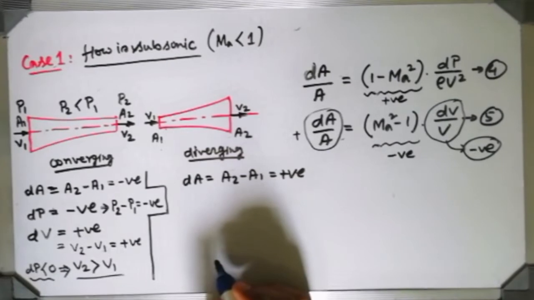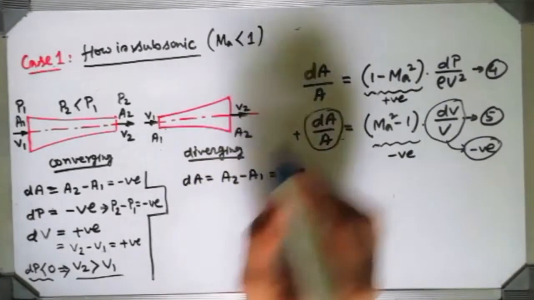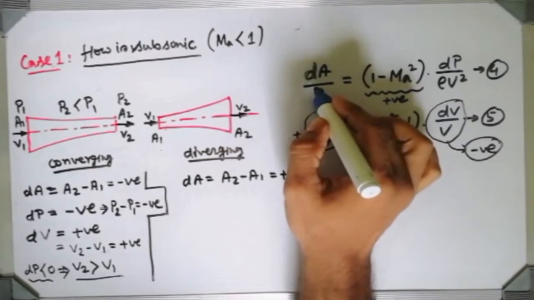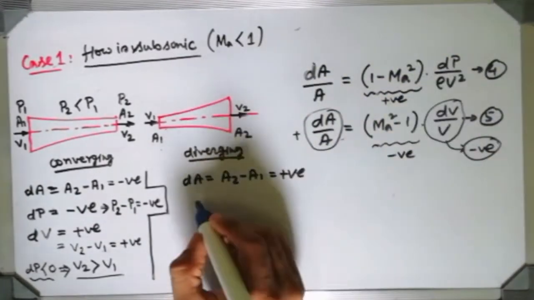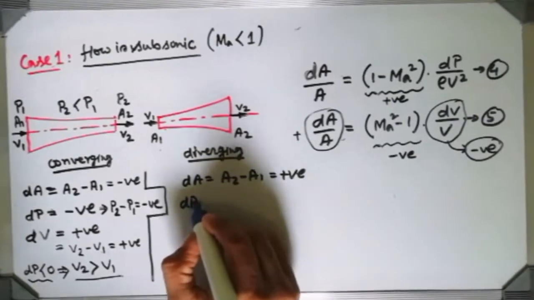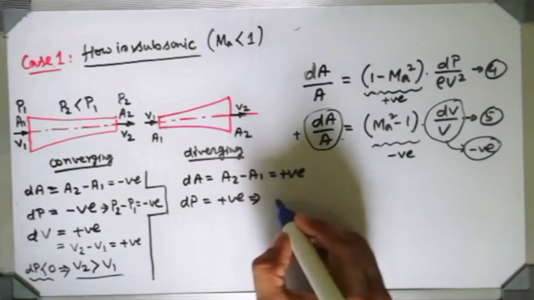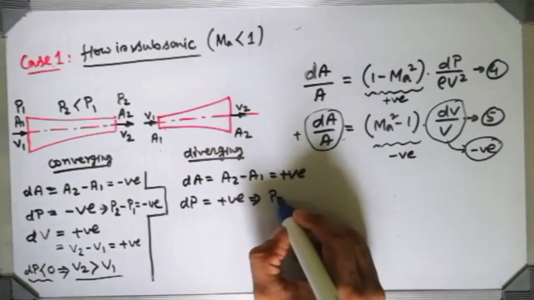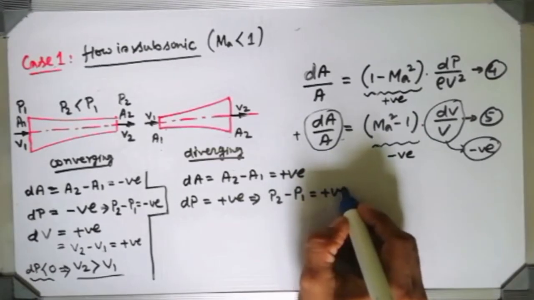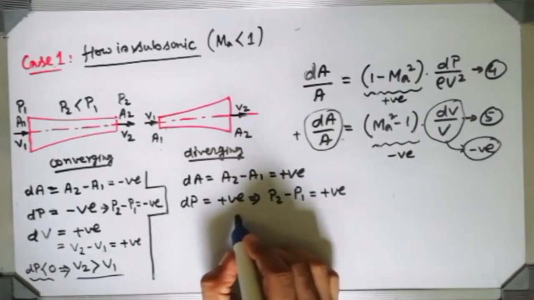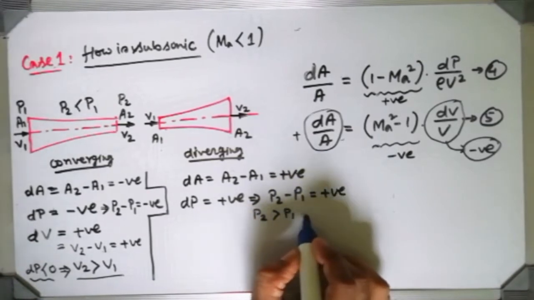So if dA is positive, then from equation 4 I can say dP is also positive. dP is positive means what? dP means P2 minus P1 and it is giving a positive value. What does this mean? That means P2 is greater than P1, otherwise it cannot give you a positive value.